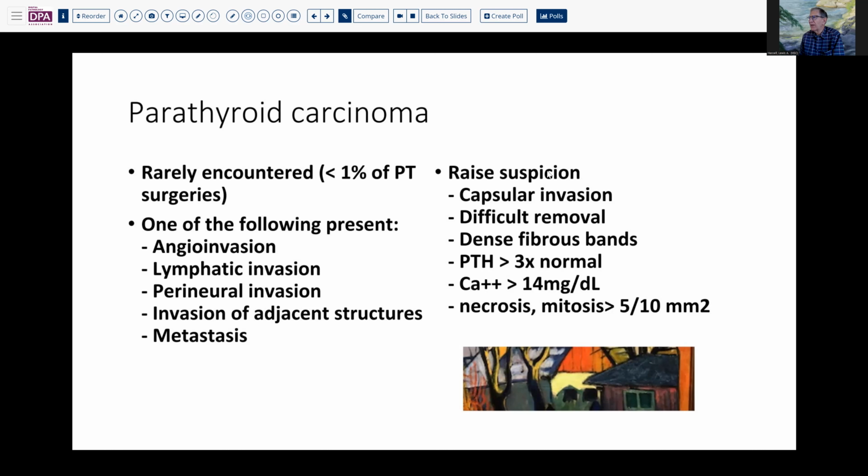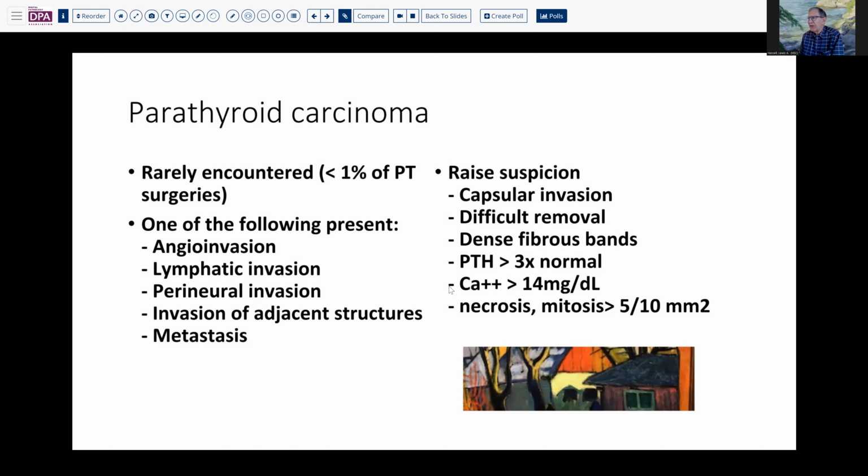However, there are some things that can raise your suspicion and make you look harder. So, for example, if you find definite capsular invasion, that should be something you look at very, very carefully and perhaps do multiple sections, multiple levels to see if you can identify vascular invasion. A gland that's very difficult to remove or has a lot of dense fibrous bands, particularly with sort of stellate radiation.